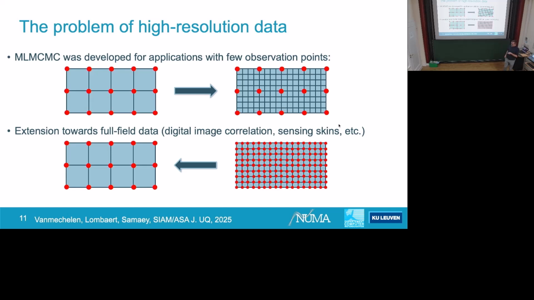In a typical situation where you only have a few measurement points, if you refine your mesh, you don't at the same time get extra measurements at your disposal just by refining the mesh. But here in our situation, because we have this full field data, we do have extra data points when we refine the mesh. And what we want to do is in fact the opposite.